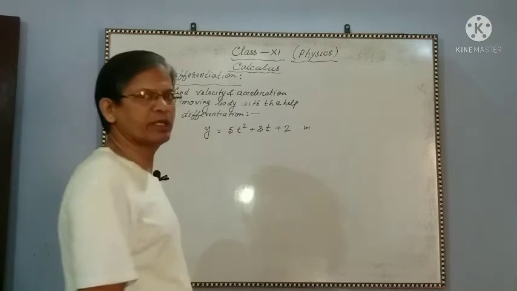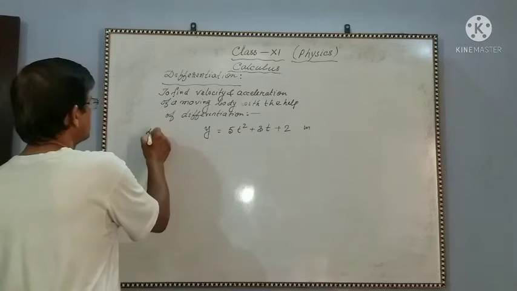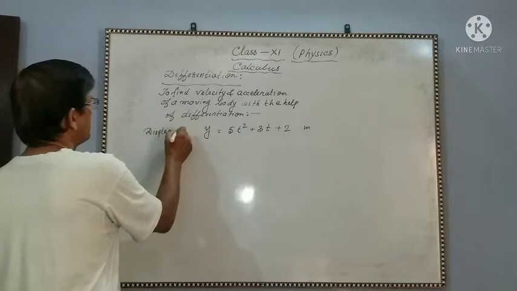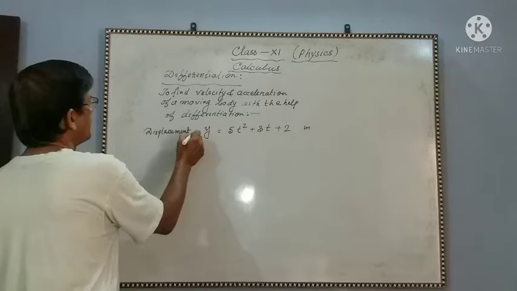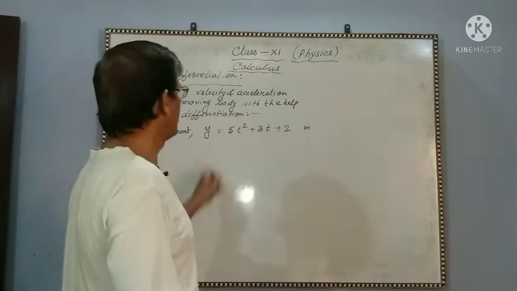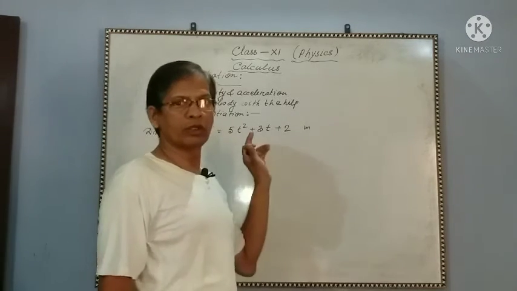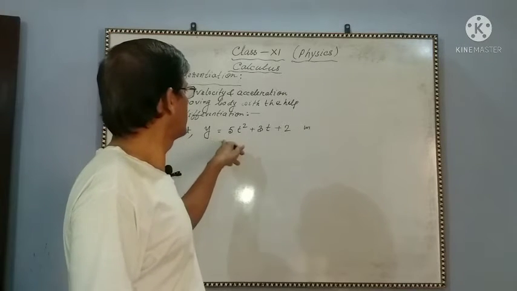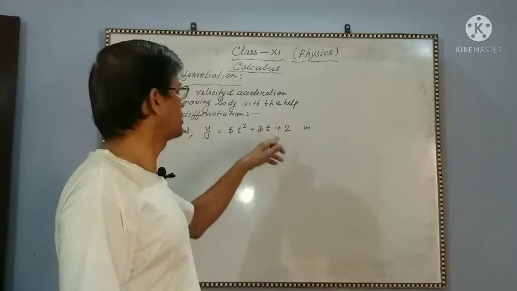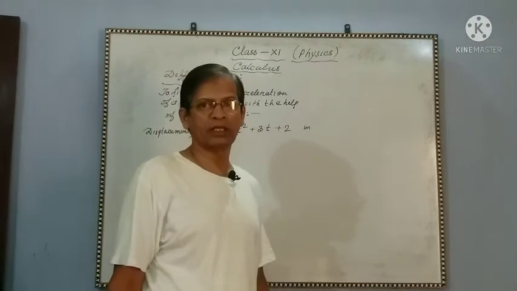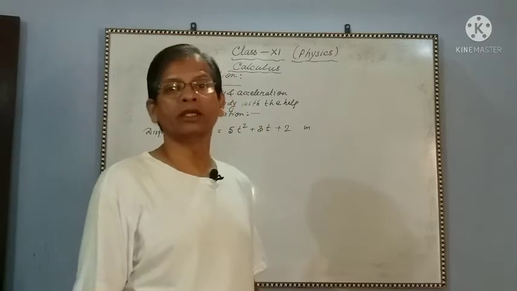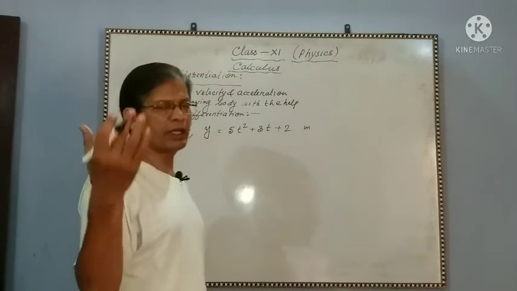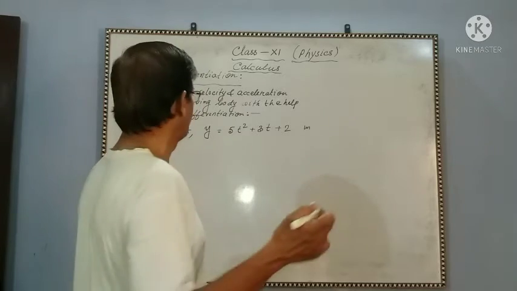The body is moving and its displacement is y equal to 5t square plus 3t plus 2 meter, and you have to find its velocity and acceleration at time 2 seconds.